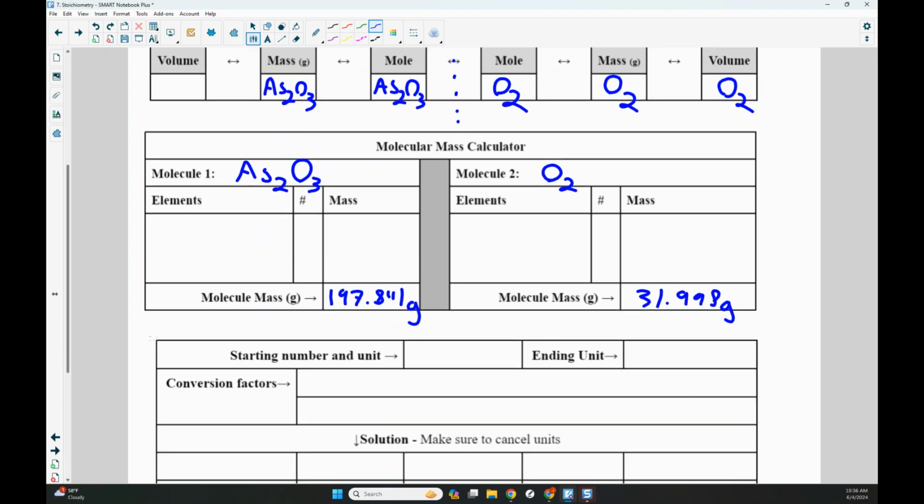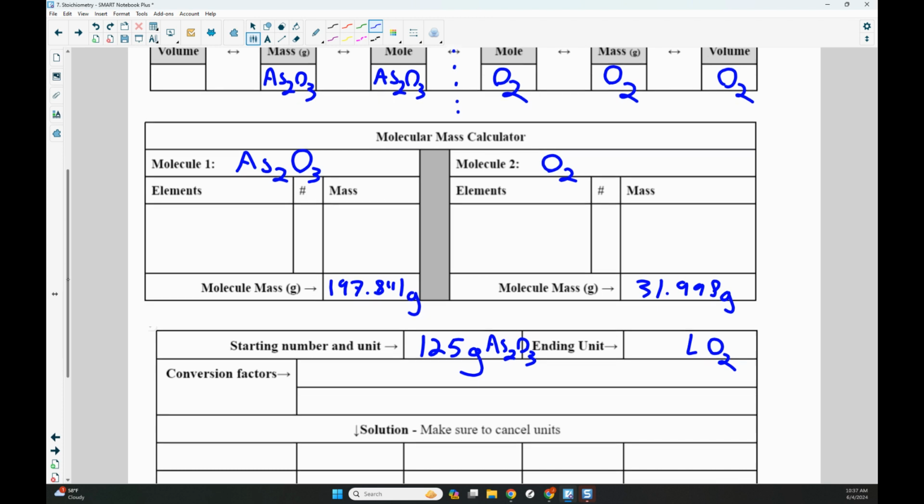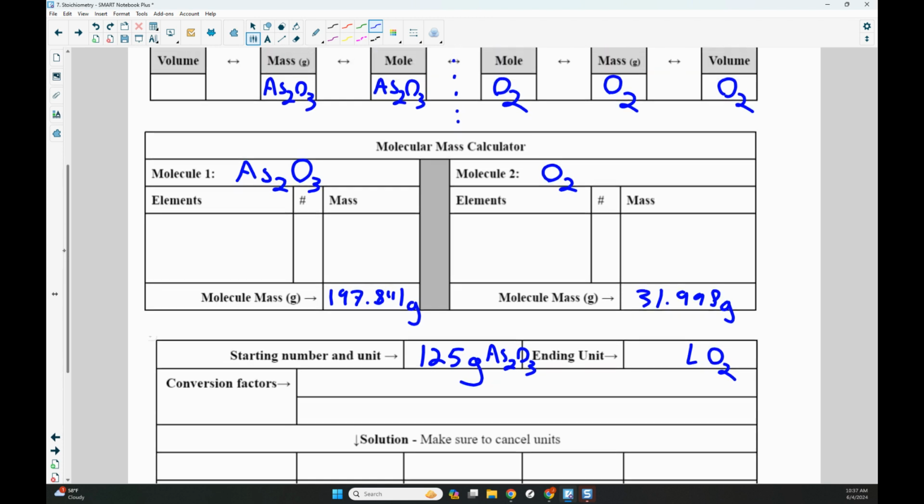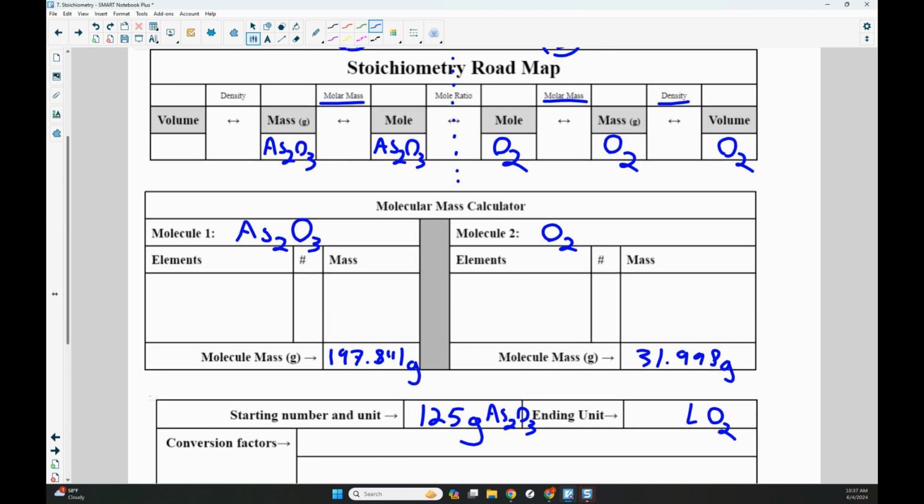So my starting number and unit, again, is 125 grams of diarsenic trioxide. And we are trying to figure out how many liters of oxygen that is going to need. Okay? So let's go back up to our roadmap. We're beginning with grams of diarsenic trioxide.